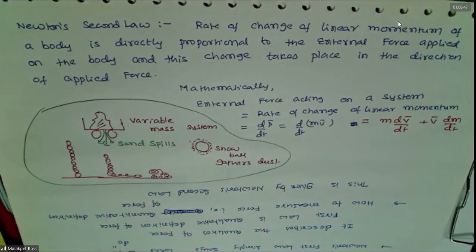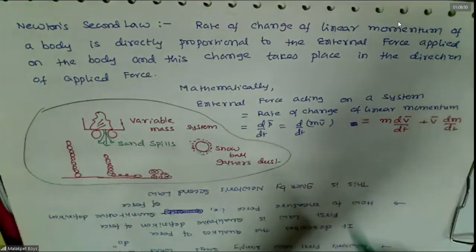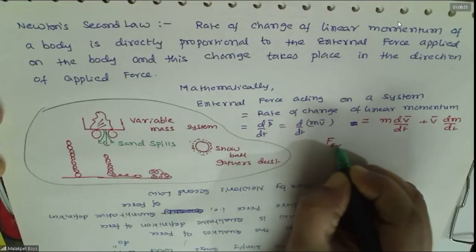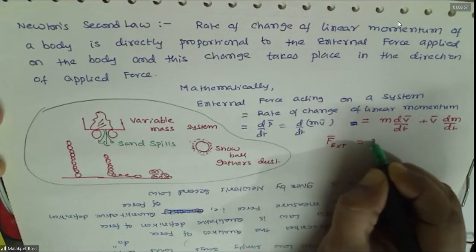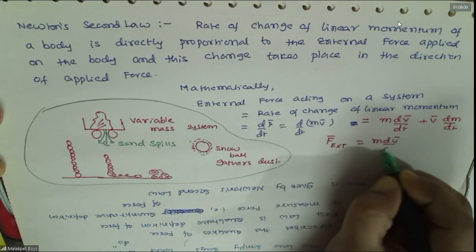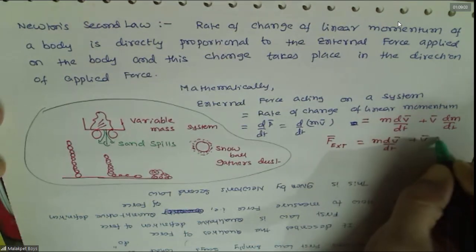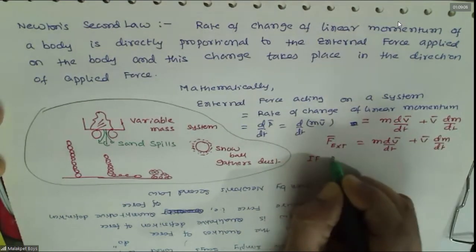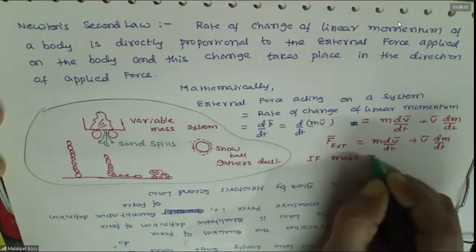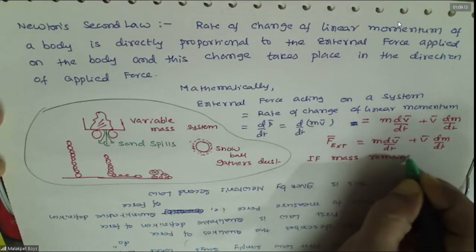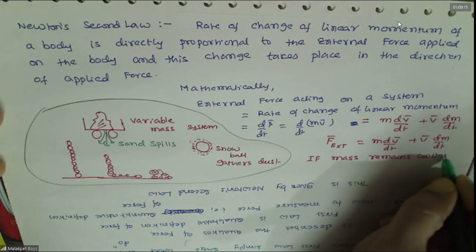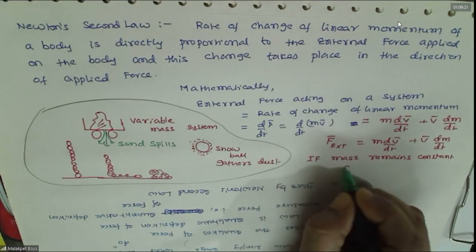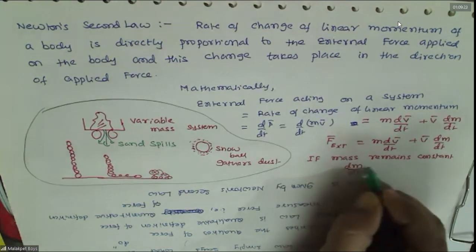That's why remember, the external force acting on a system is this. Understood? If the mass remains constant, which is why we first study constant mass and then go to variable mass systems, then dm by dt is 0.